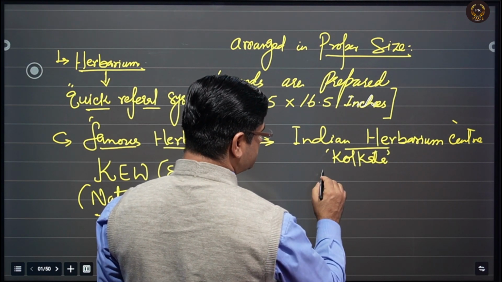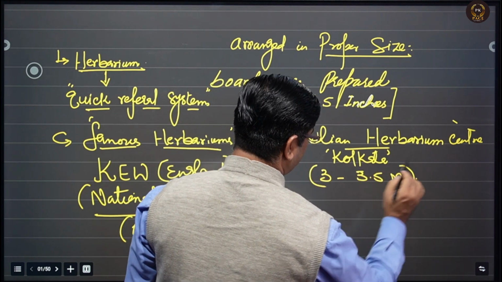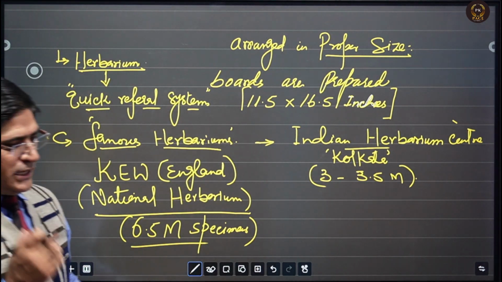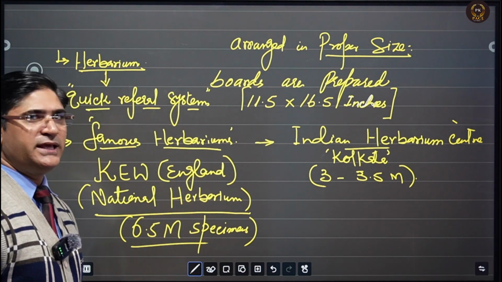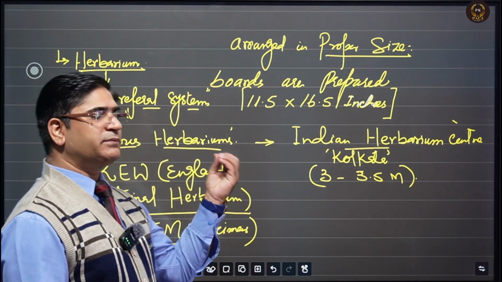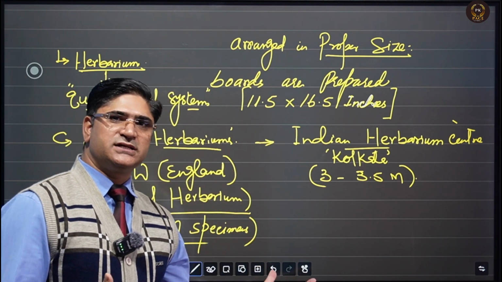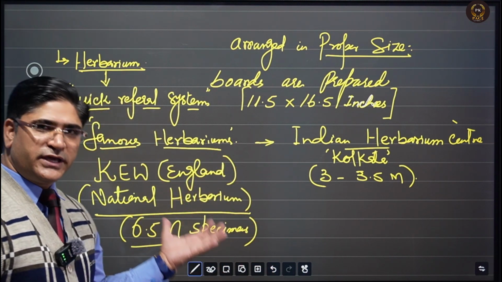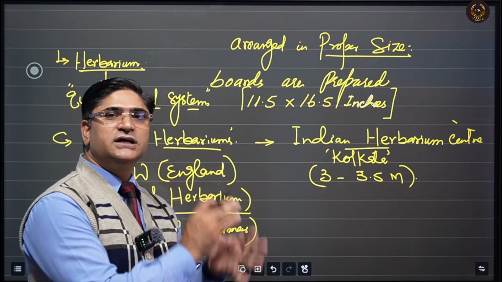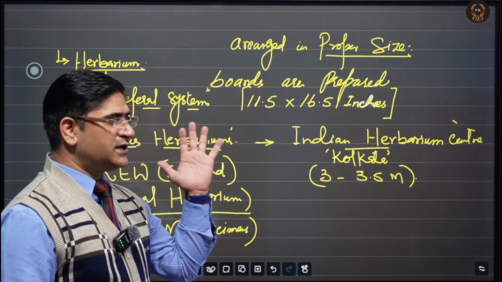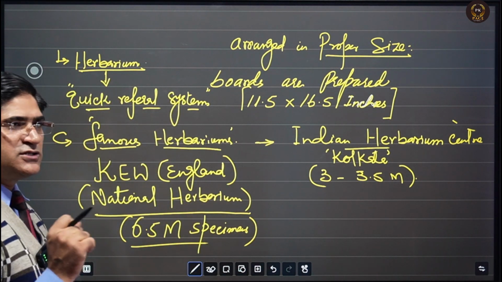It also contains 3 to 3.5 million specimens. Almost in every state there is a small herbarium center where such specimens are preserved. Any researcher or taxonomist can visit that herbarium center and get quick taxonomical information about a specimen. This is how the herbarium is prepared and becomes the quick referral source. Remember, this is the first taxonomical tool.